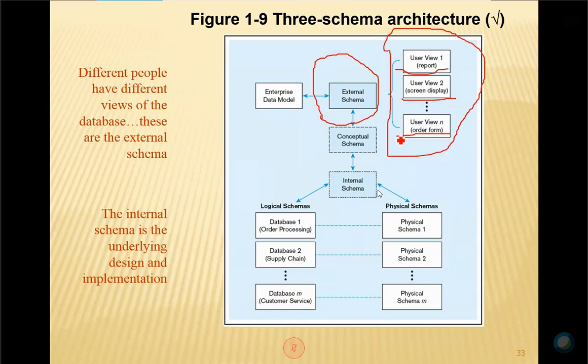Based on those, you synthesize the documents and develop the conceptual schema, and this is where you develop the ER diagrams. That's for chapter 2. Then based on that, we develop the internal schema, and this is about chapter 4, the logical design.